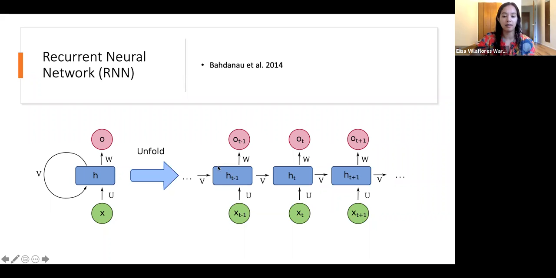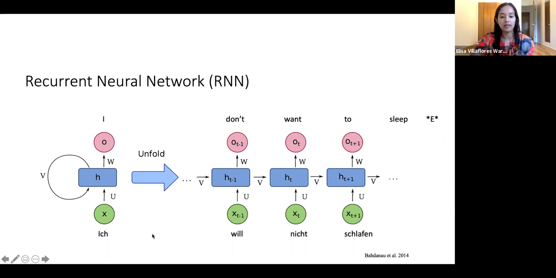So if we think about an example sentence, let's say we're translating from German to English. We have this sentence, "ich will nicht schlafen," and we translate it to "I don't want to sleep." In the case of using an RNN, each word would be given as an input to each link of this network. Each will be fed into this first hidden state and it will return "I."